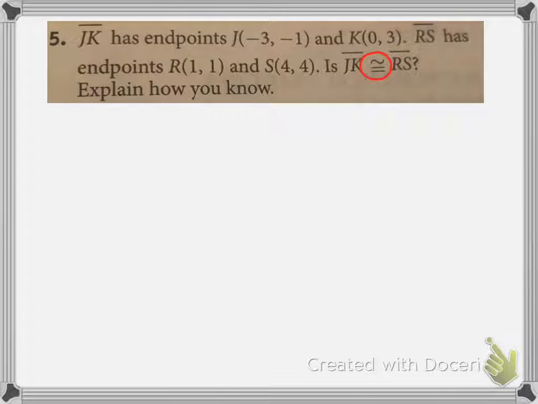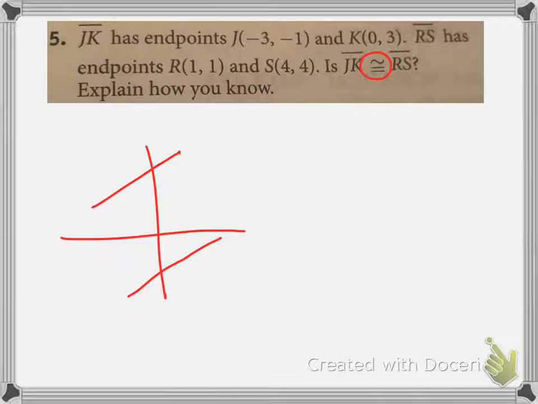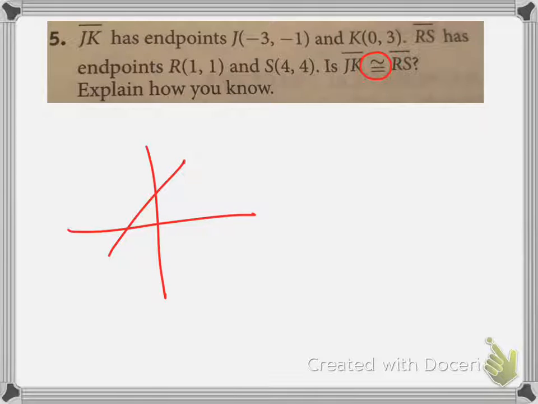They don't have to be on the same points or right on top of each other. If they're the same length, then they're congruent. So we're going to check by comparing their distance.